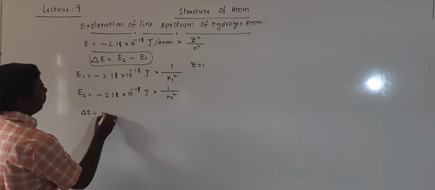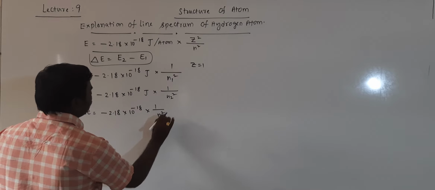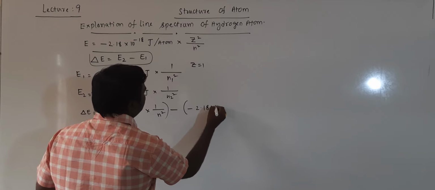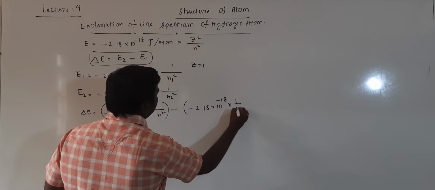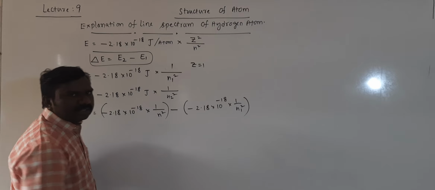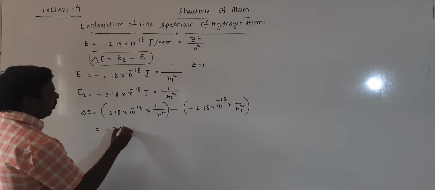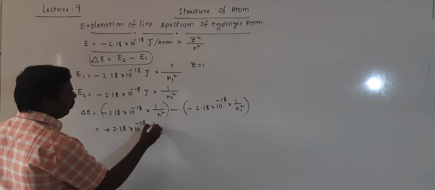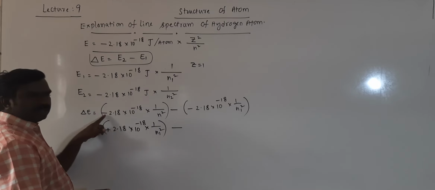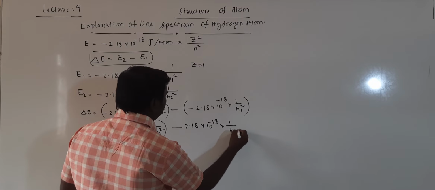Delta E is equal to minus 2.18 into 10 to the power of minus 18 into 1 by N2 square, minus of minus 2.18 into 10 to the power of minus 18 into 1 by N1 square. E2 minus E1, then it is minus into minus, plus. We will write the positive term first. That is plus 2.18 into 10 to the power of minus 18 into 1 by N1 square, minus 2.18 into 10 to the power of minus 18 into 1 by N2 square.